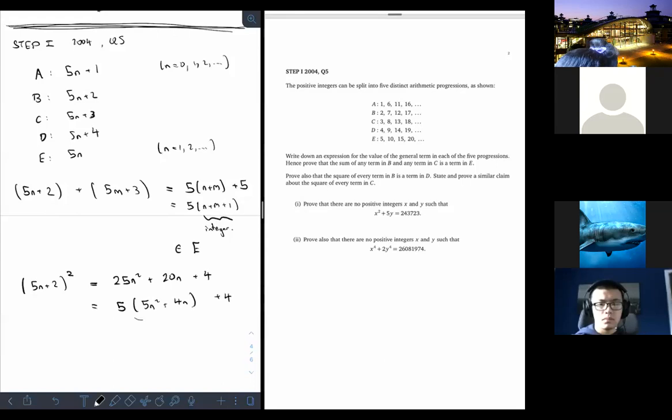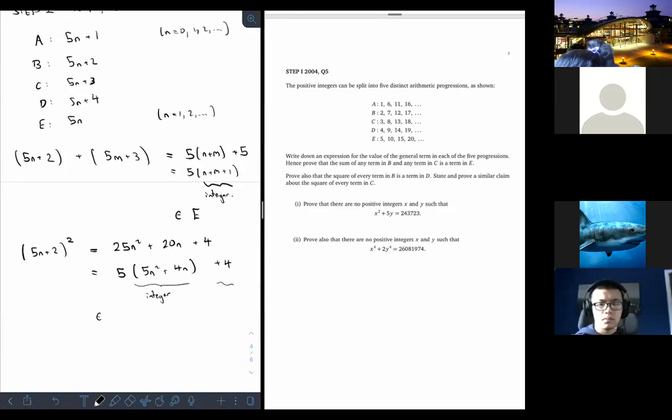So this is some positive integer, so it's 5 times an integer plus 4. So this is in D, which is what we wanted to show.